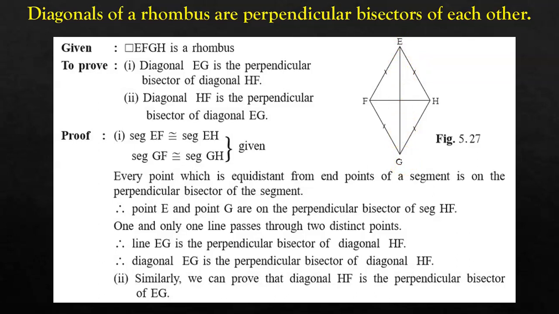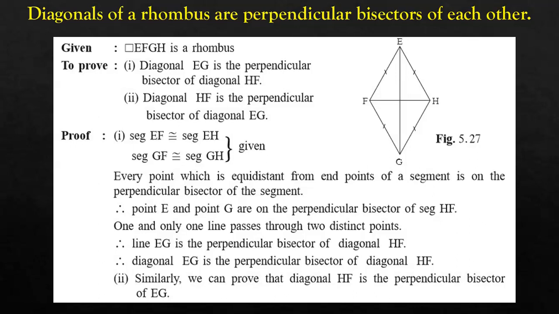Now the first statement tells us that segment EF is congruent to segment EH, and segment GF is congruent to segment GH. This is given information because these are sides of a rhombus, and we know that all sides of a rhombus are equal, but we have taken these pairs for a specific reason. Let's see what the reason is.